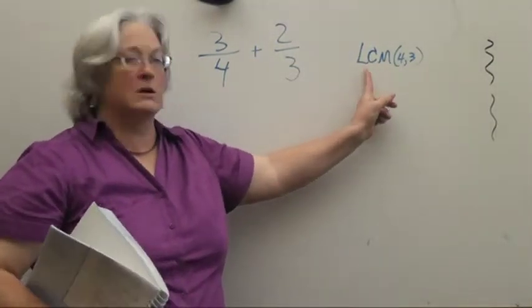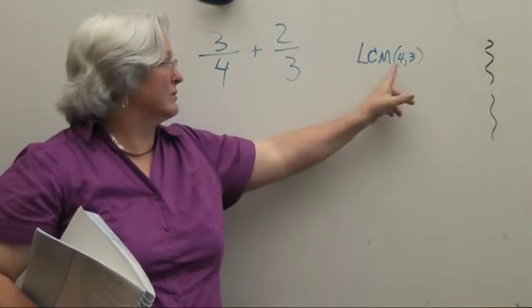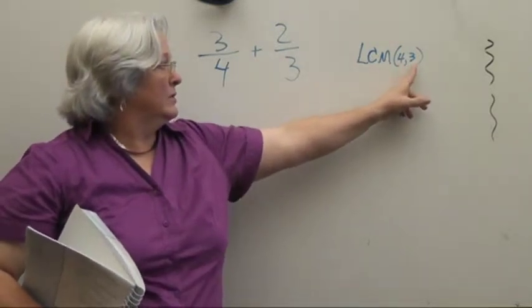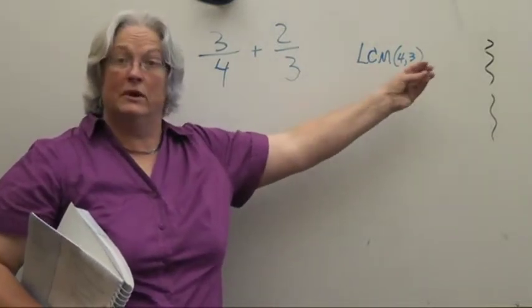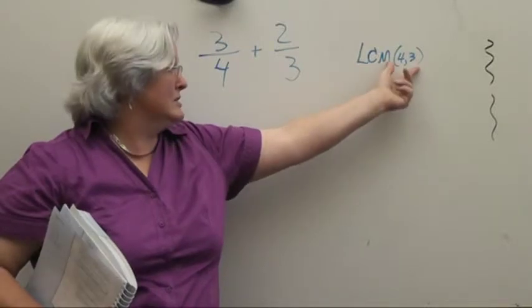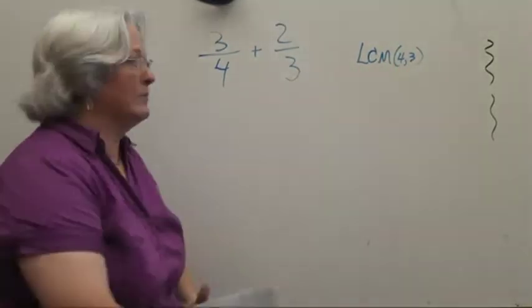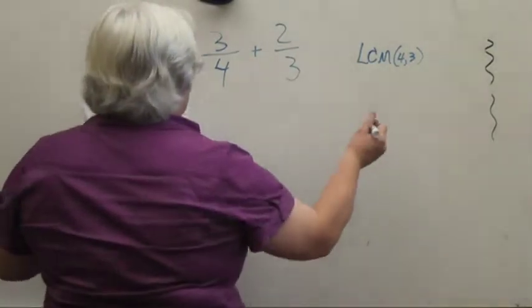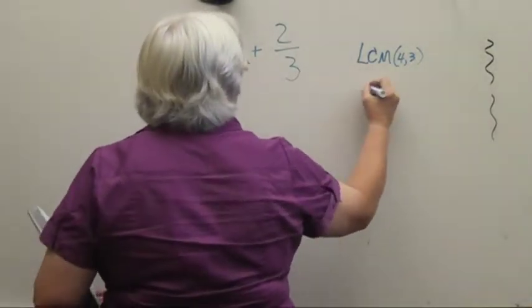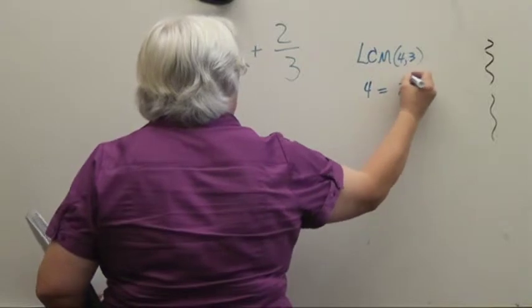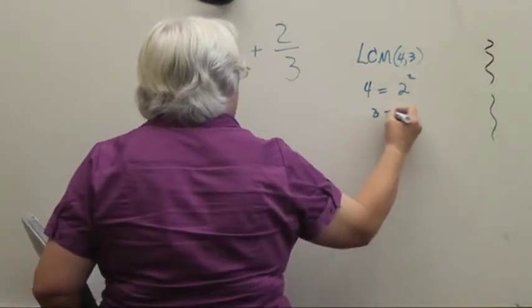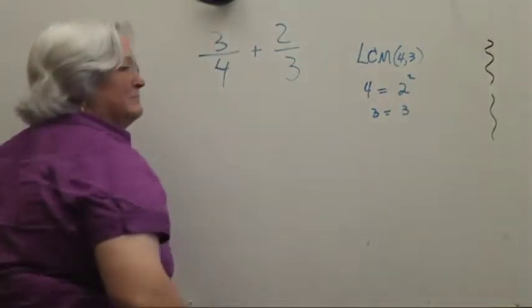You see least common multiple, greatest common factor of a series of numbers contained in parentheses. That just means, what is the least common multiple of 4 and 3? Well, of course, first you prime factor 4, and then you prime factor 3.